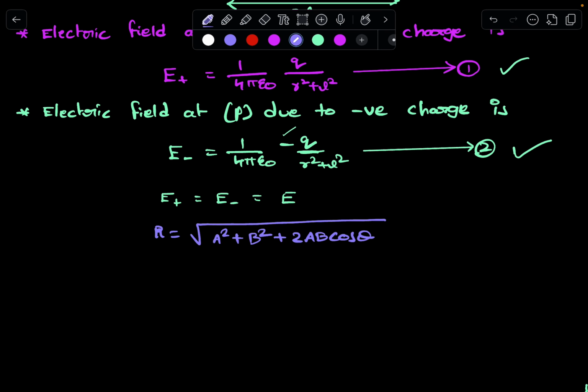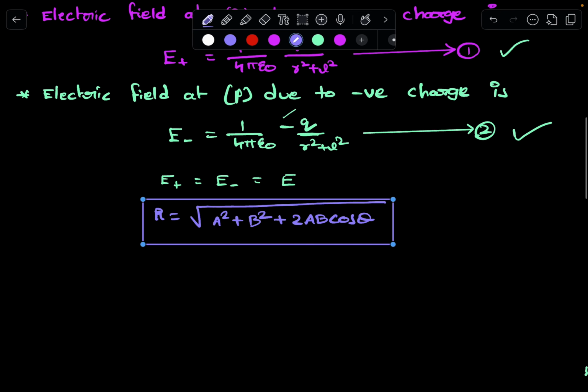Correct or not? So I'm going to use this expression to calculate the resultant electric field. Instead of a square, I'm going to write E square. Instead of b square also, again I'm going to write E square only, because the E plus value as well as the E minus value will be the same, right?